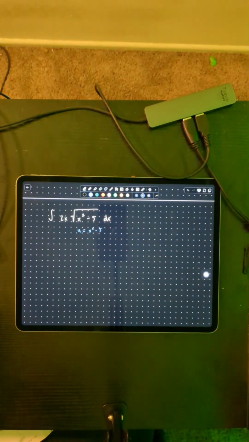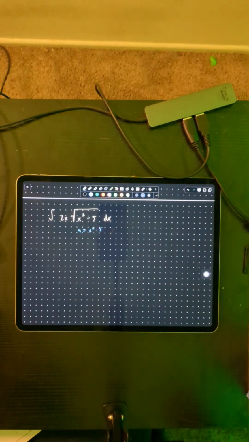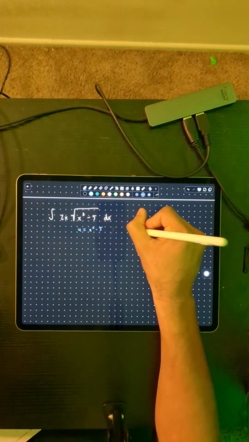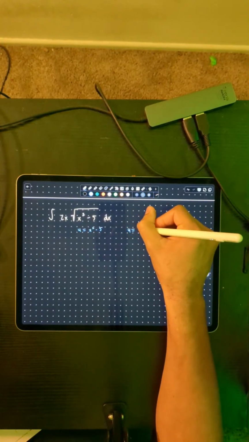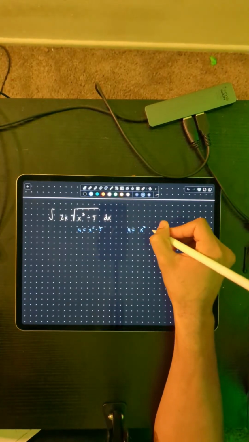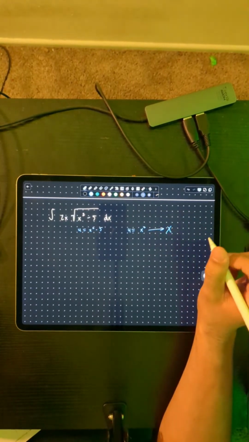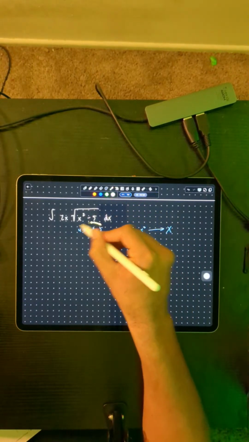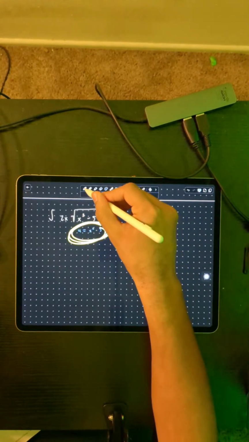What I had trouble understanding was that u subs are arbitrary. If I wanted to, I could set u equal to x squared. I can set u equal to whatever I want, but this is going to lead us nowhere. The strat is to get very good at identifying what is the u. Why?